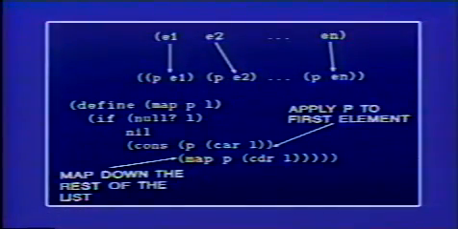And what map does is it takes a list L, and it takes a procedure P, and it returns the list of the elements gotten by applying P to each successive element in the list. Right, so P of E1, P of E2, P of En. Right, so I think of taking this list and transforming it by applying P to each element.